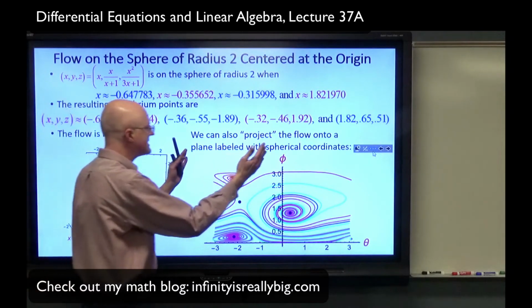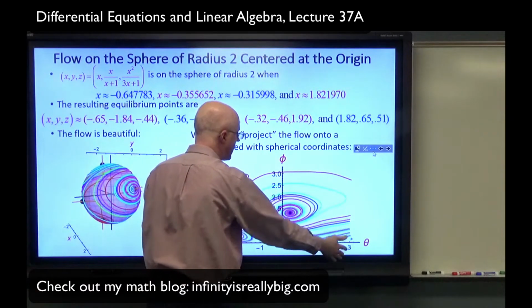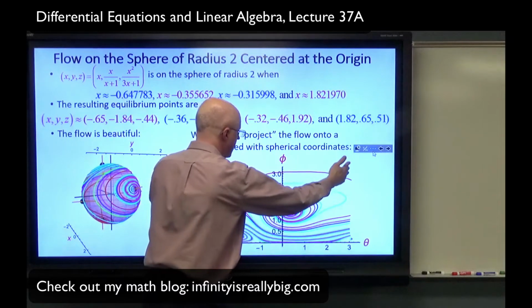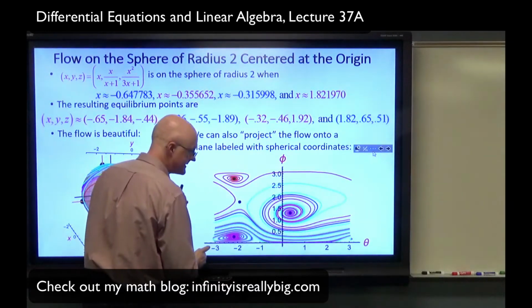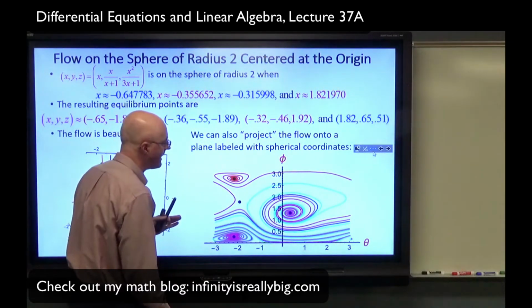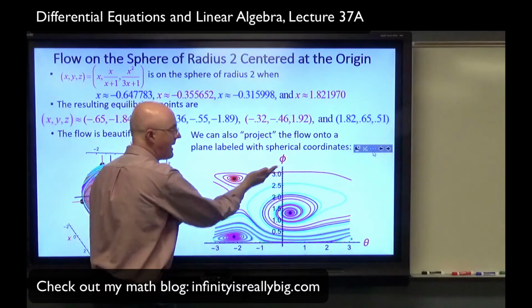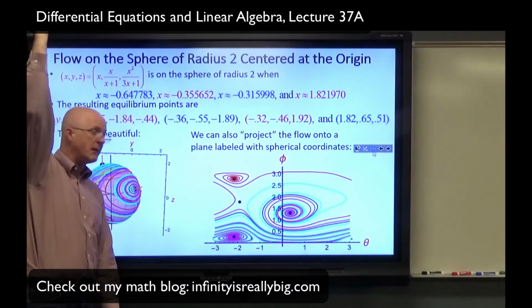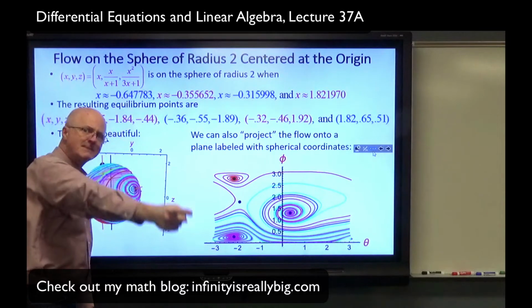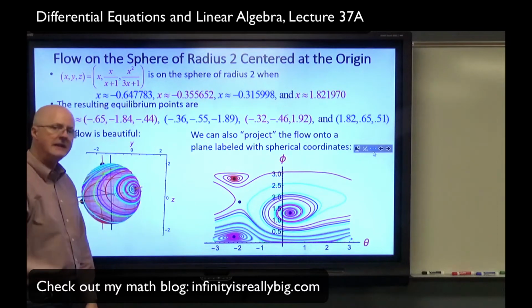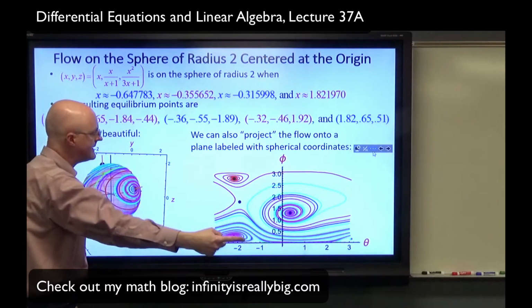So essentially we are seeing the entire flow on the sphere in this entire picture, because you can see theta is going from negative pi to positive pi. Phi is going from 0 to pi. Again, phi is 0, points straight upward, that's the North Pole. Phi is pi over 2, would be along the equator. Pi over 2 radians, which is 90 degrees.